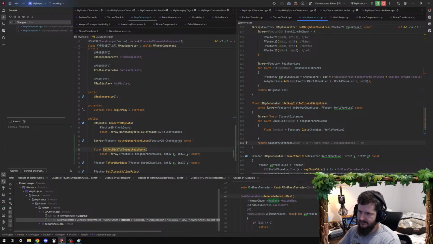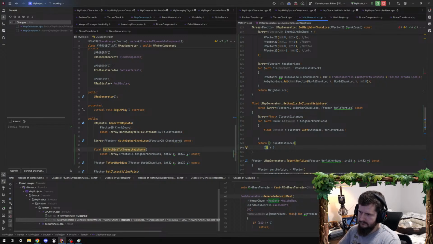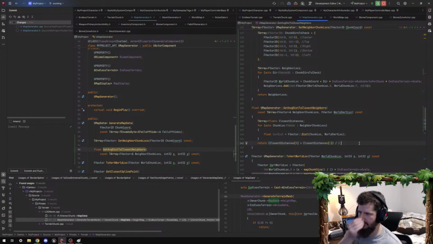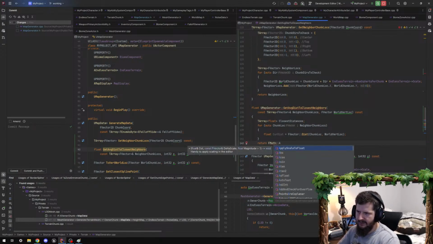There's not like a reducer function, right? Okay, actually there's probably FMath, there's probably an average.